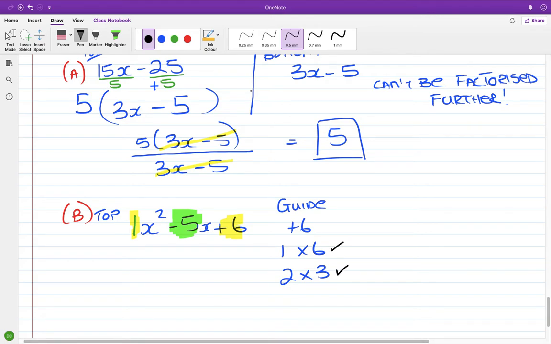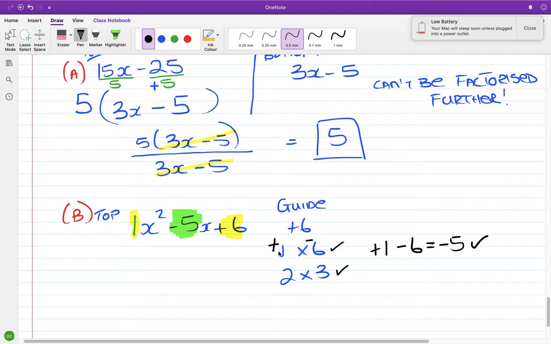Now let's see signs-wise, because obviously only one of them is going to work, so we have to figure out the signs. Okay, so I'm trying to get a minus 5. So 1 and 6. If I put a plus on the 1 and a minus on the 6, I have plus 1 minus 6, and that equals minus 5. So that works.